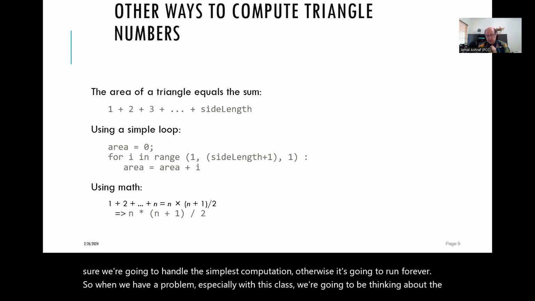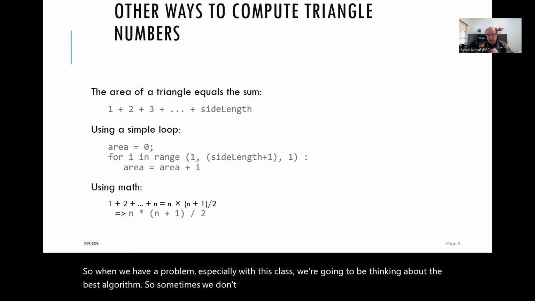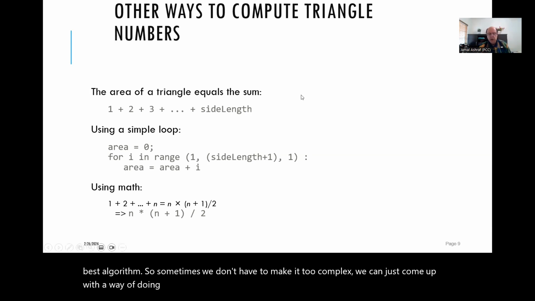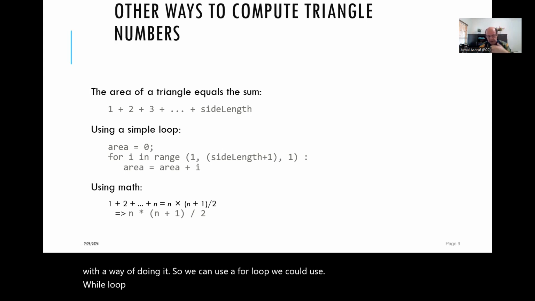Sometimes we don't have to make it too complex. We can just come up with a way of doing it. So we can use a for loop. We could use a while loop, or you saw it, I have it in my previous recording that we did it through iteration, to the loop.